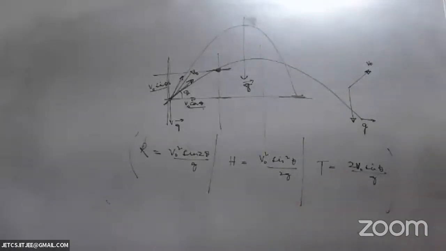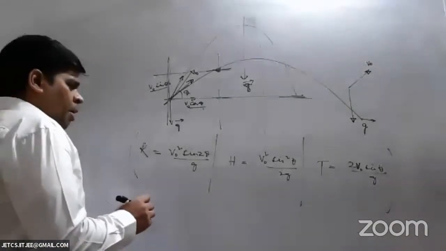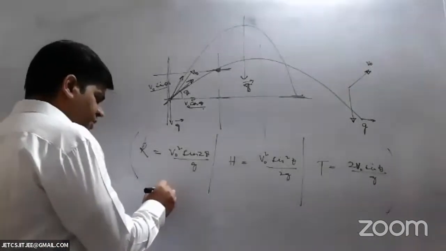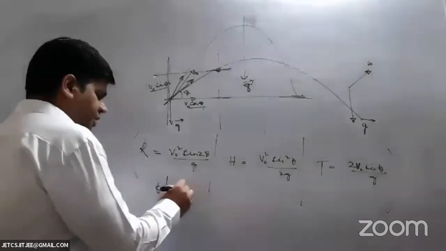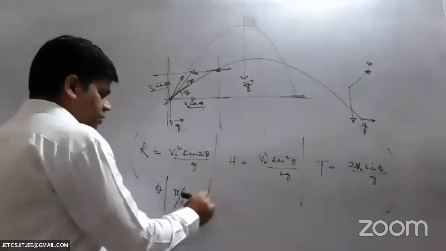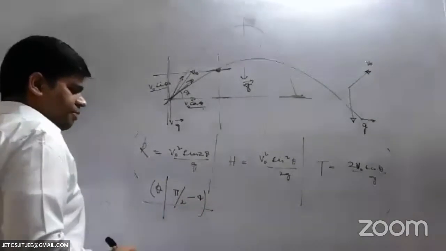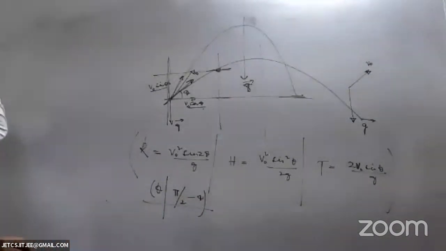Now look at this, I've got v naught square sin 2 theta by g. The range is the same for theta and pi by 2 minus theta. So if the angles are complementary, my range is equal.